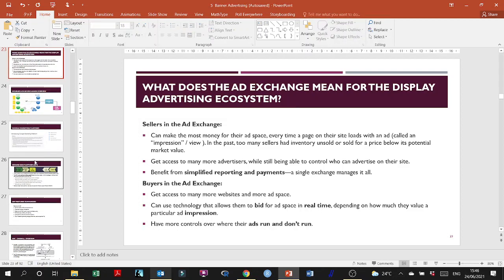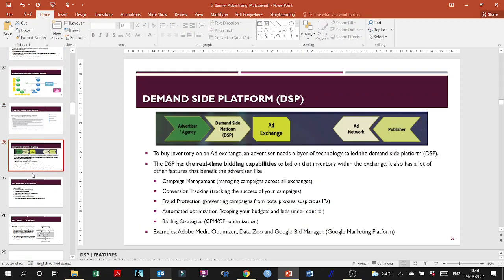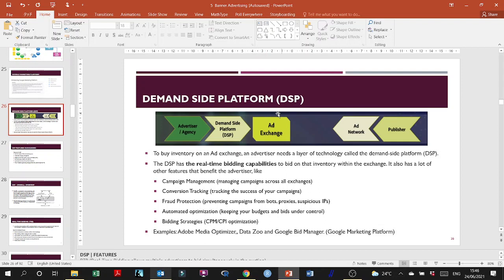Okay, having this all said, we will have then an understanding that this ad exchange is something big, and individuals here on each extreme can't work directly with it and have to work with it through a mediating layer. Then we will have what is called the demand side platform, the DSP.